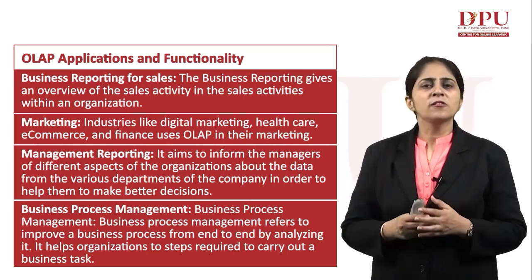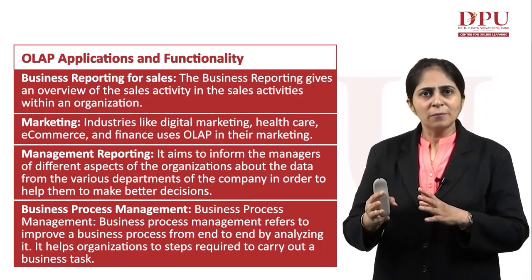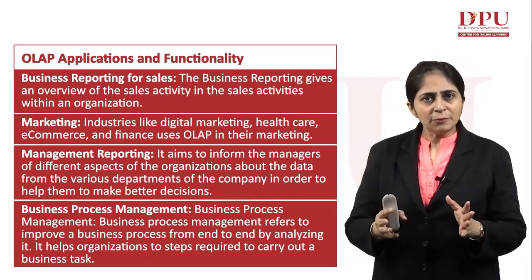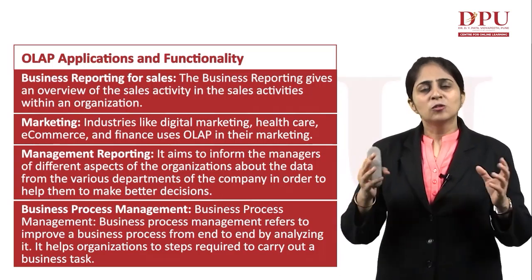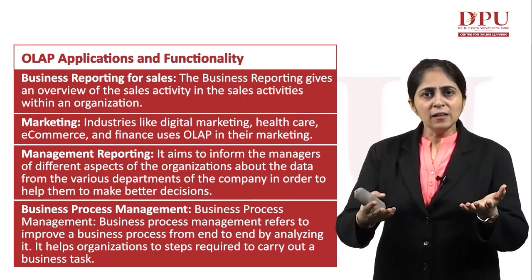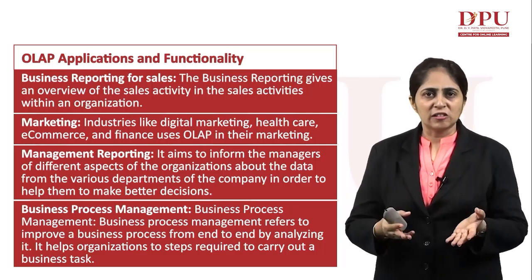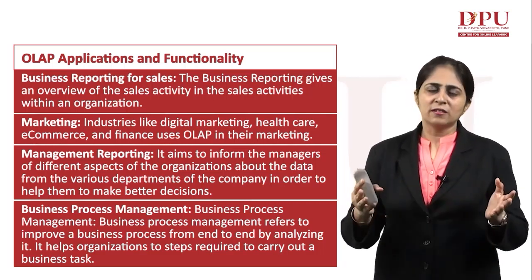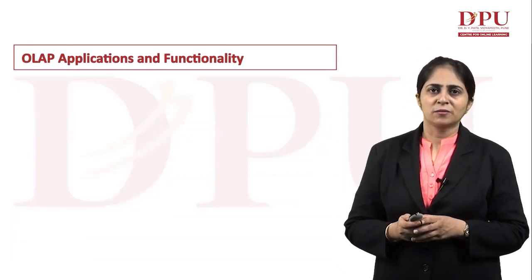So business process management is the next application of our OLAP, which helps the management to analyze the various processes of the business so that they can be improved more, so that they can be used in a more beneficial way for our organization. So OLAP makes an important contribution in business process management.